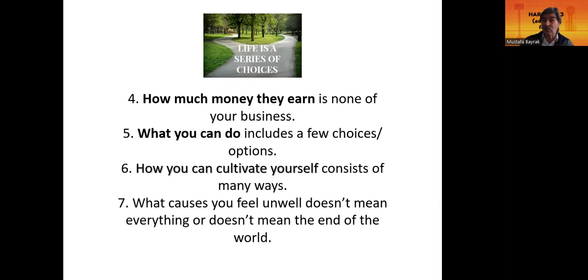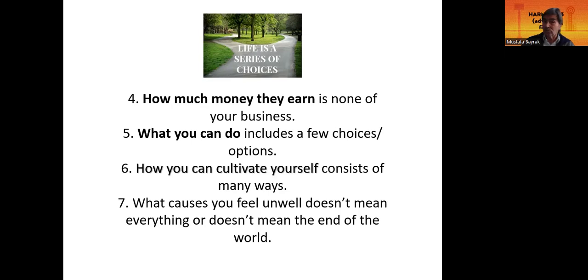business. So it is none of your business. That is none of your business. This is not none of your business. How much money they earn is none of your business. Please don't ask questions about how much money they earn. 5.